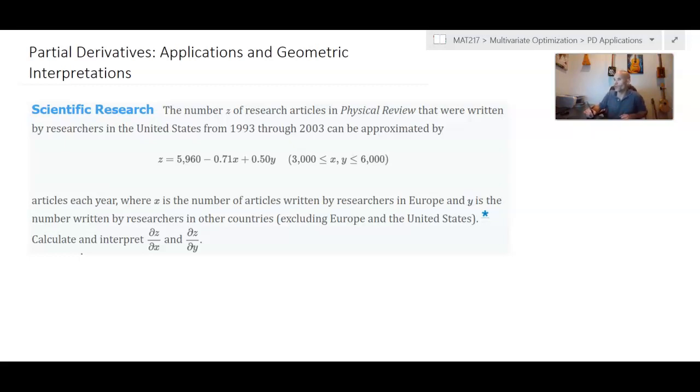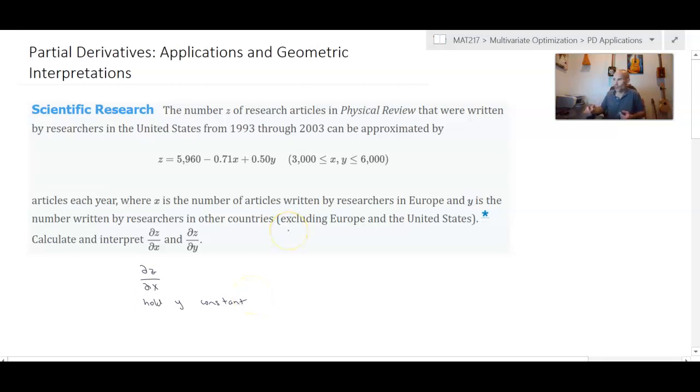So we want to find these partial derivatives. And to find dz/dx, we know that means we need to hold the other variable or variables constant. Now, if there were three variables, we would do exactly the same thing, but we would hold everything but the one variable constant.